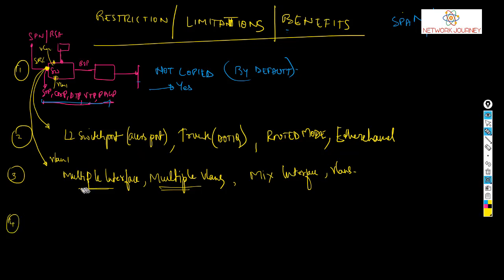Point number 4, as I told you, if you don't apply a filter here, you are going to capture all VLANs and try to forward them to your destination, right?